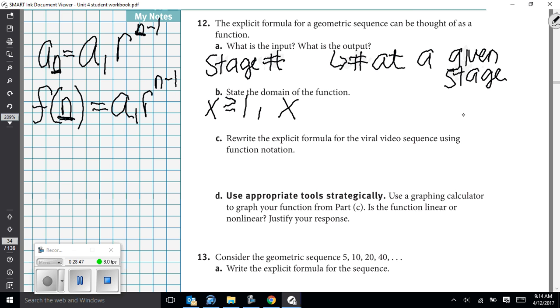We also need to state that x is a whole number, so that people know we can't have stage 2.5 or stage square root of 3. Our stages are whole numbers. We can say they're whole numbers, or natural numbers.